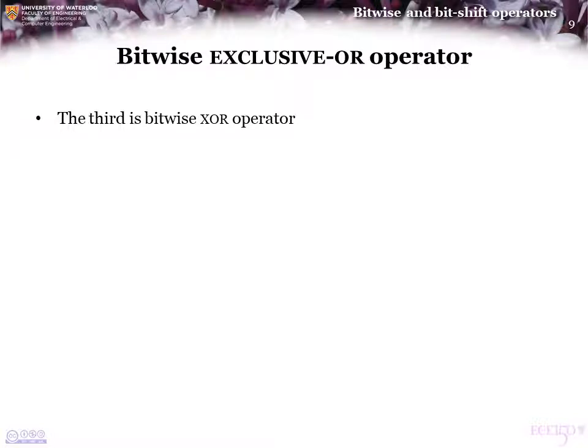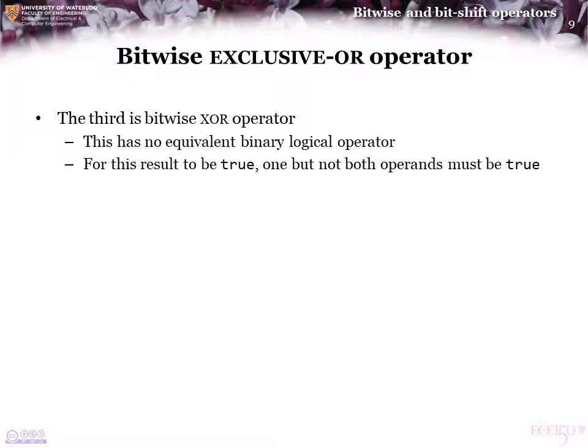The third bitwise operator is the exclusive OR operator, or XOR operator. This has no equivalent binary logical operator. For a result for the exclusive OR to be true, one but not both operands must be true.